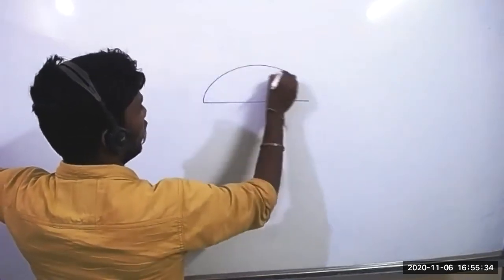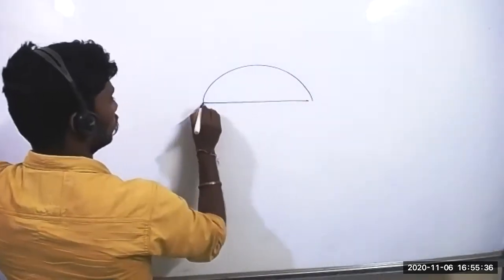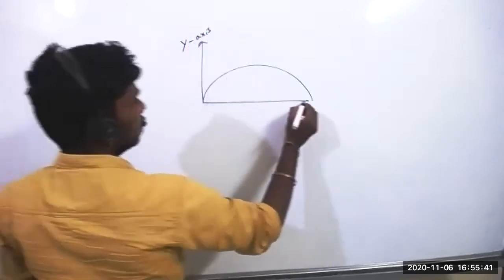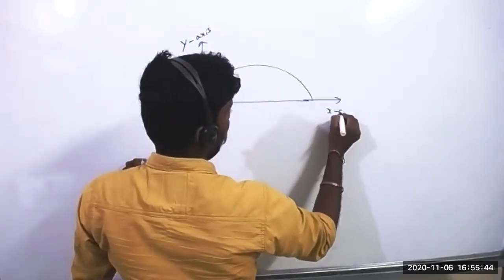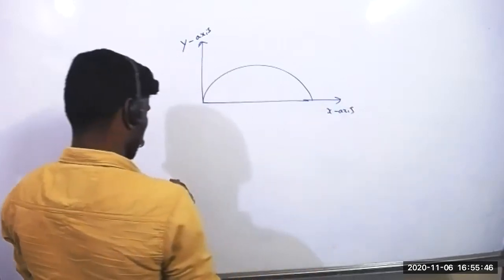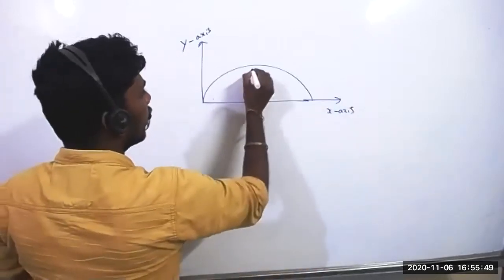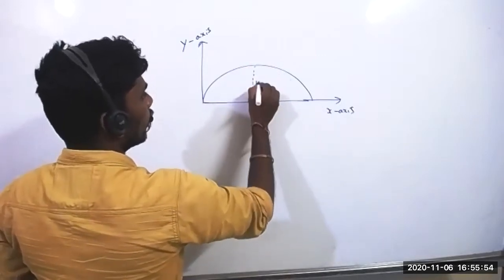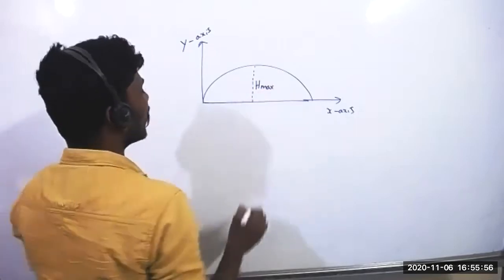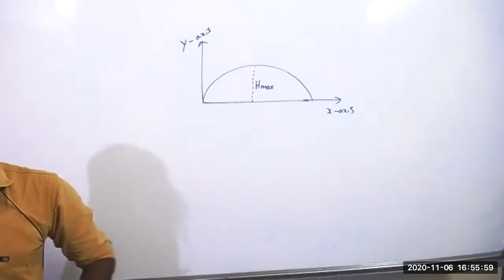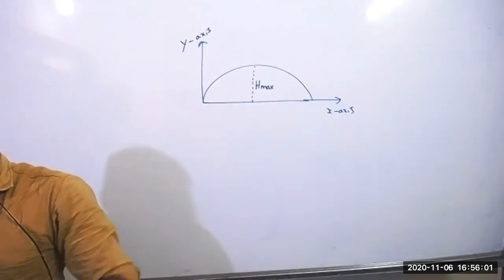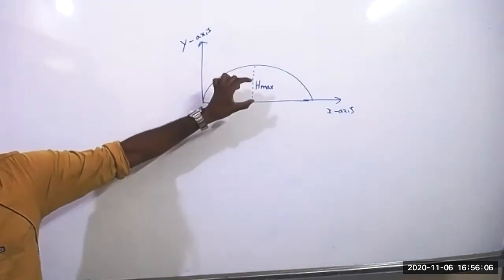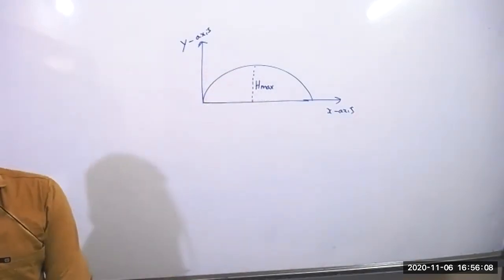Till now what we have discussed, y-axis, x-axis. See, it is called maximum height. What is maximum height? The maximum vertical distance covered by the body, right?